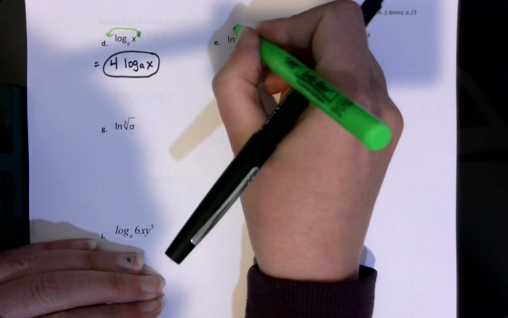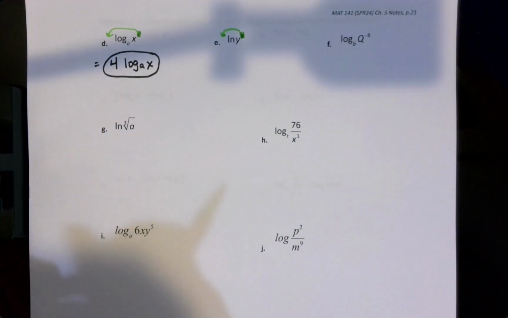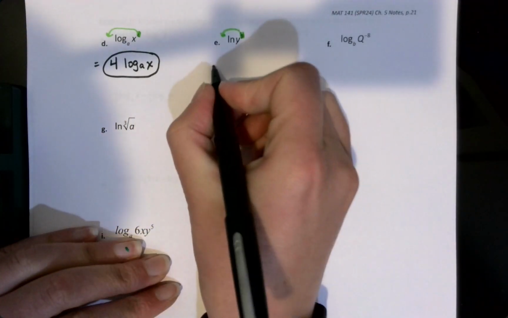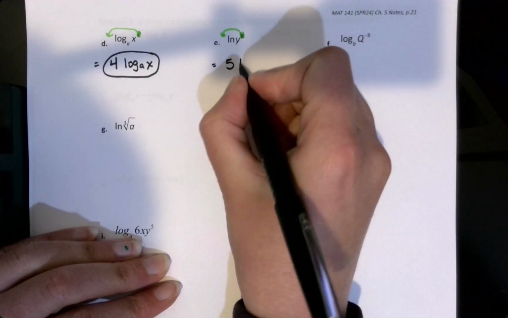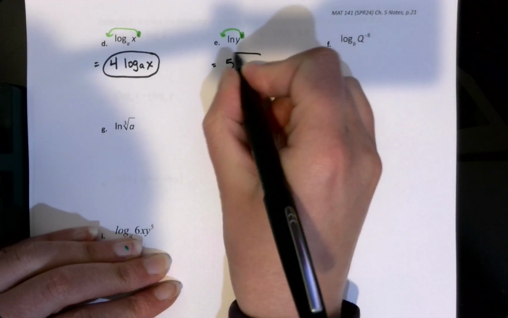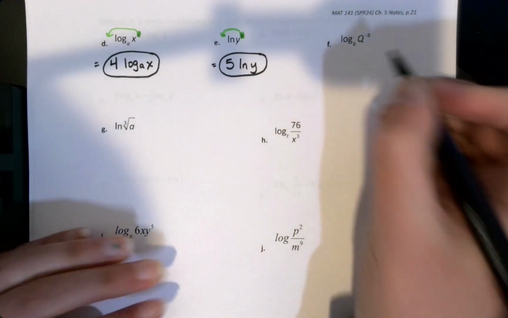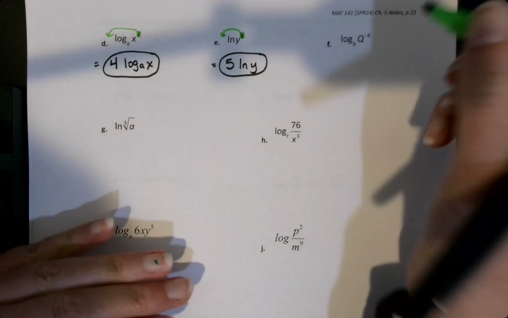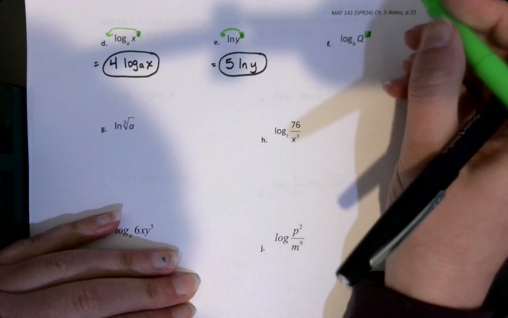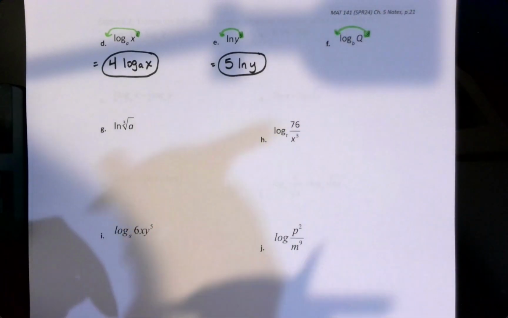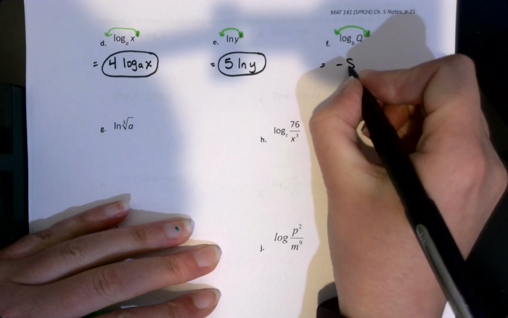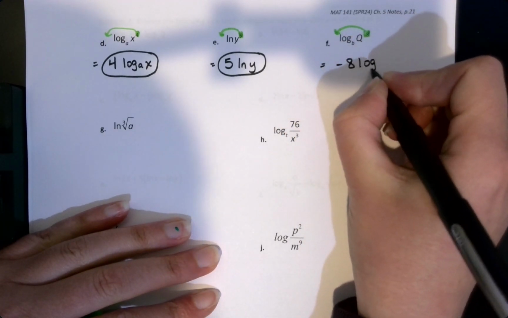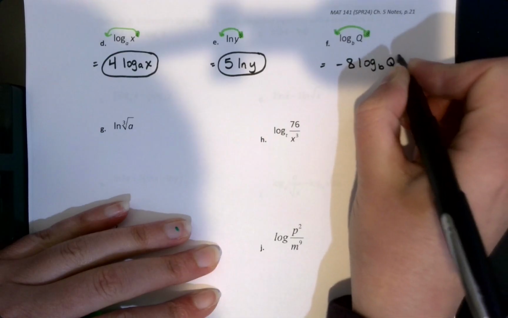We're going to take our exponent down as a multiplier. So instead of natural log of y to the 5th, it'll be 5 times the natural log of y. And also in part F, we've got this exponent. Bring that down using the power property, and we'll have negative 8 times the log base b of q.